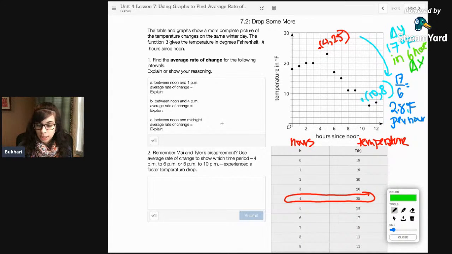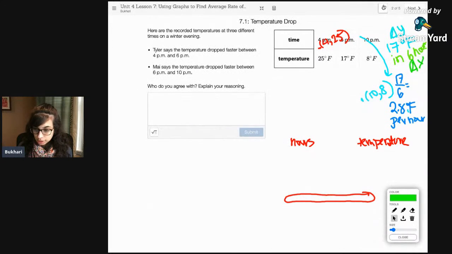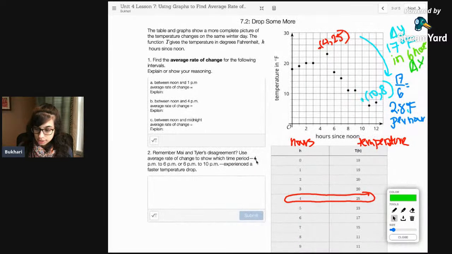And so think about how you can first brainstorm on the first slide about what it means to drop faster and slower. And then on the next slide, I want you to take that time to actually calculate the difference. What is the average rate of change? And what does that represent? We're decreasing at a rate of 2.8 Fahrenheit.